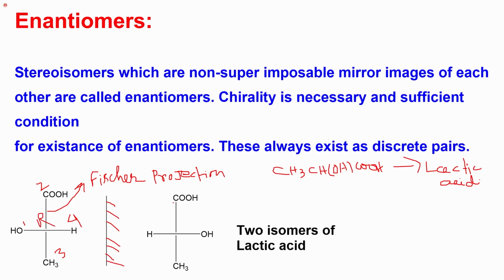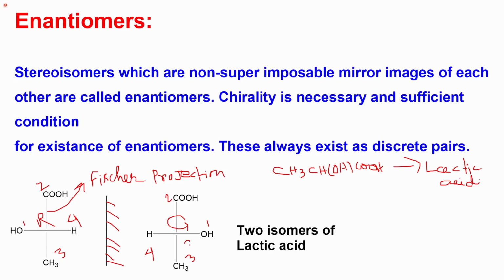Let's see how it looks here. The carboxylic acid is 1, CH3 is 2, OH is 3, and hydrogen is 4. Again the hydrogen is 4 on the horizontal, so it is also the positive rule, and going 1, 2, 3 is anti-clockwise.